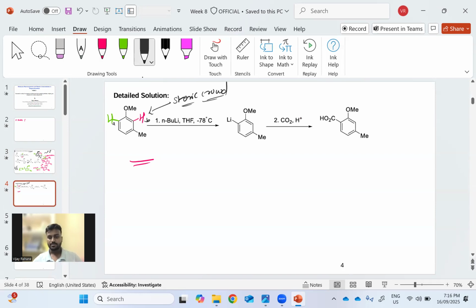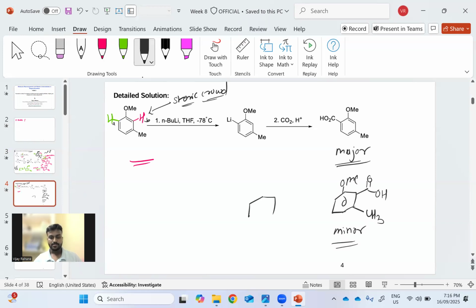So this is the major product, and there will be a minor one, and there are also some chances of formation of a product like this.